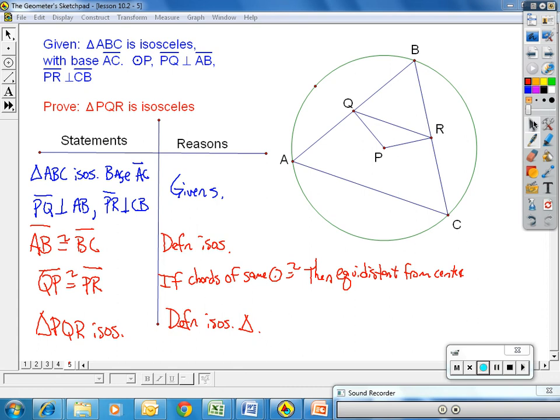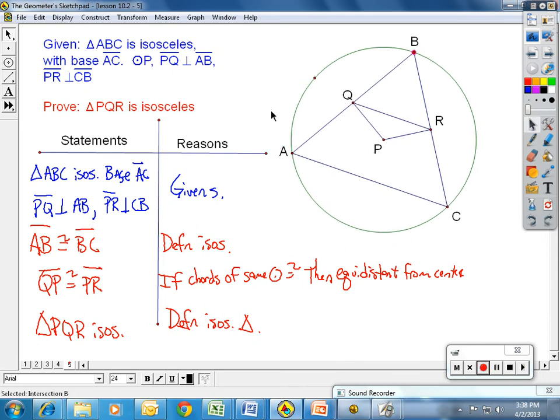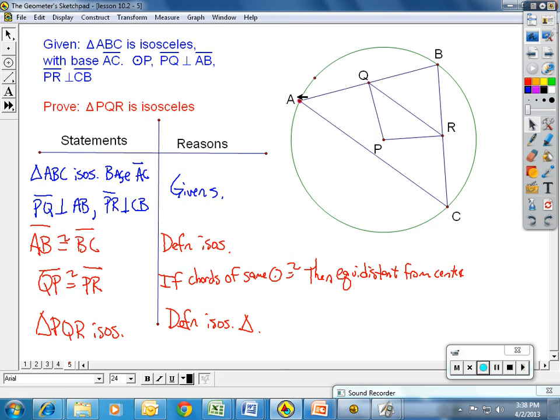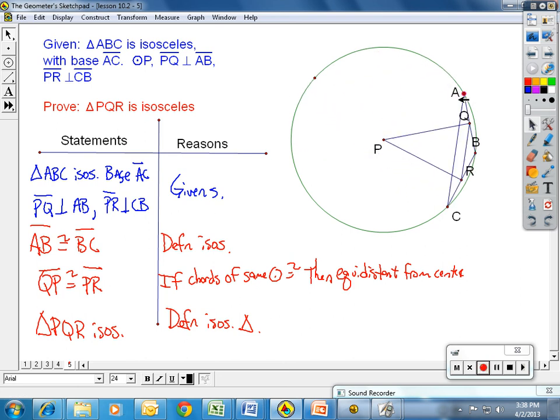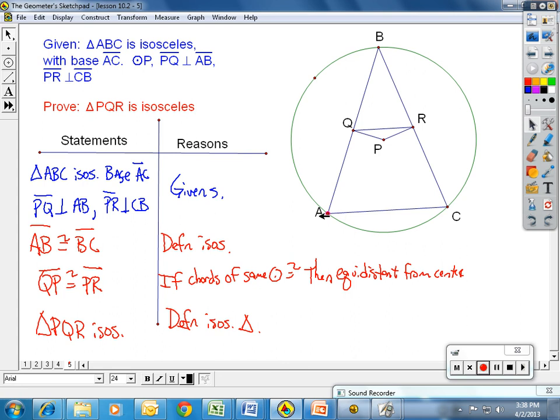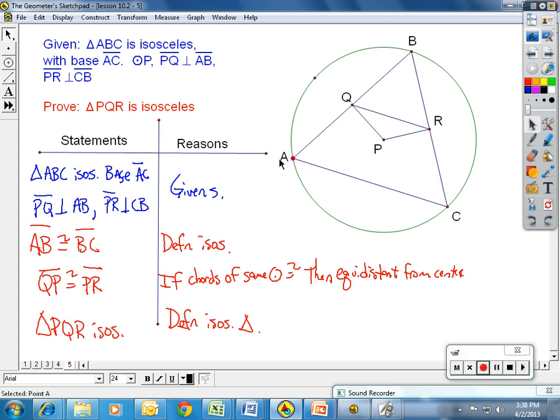Never forget when you work on proofs that it's actually dynamic. This triangle really is moving and can be in any of these configurations, because they still satisfy the givens, and that is these two are congruent and these are perpendicular, as well as these are perpendicular.